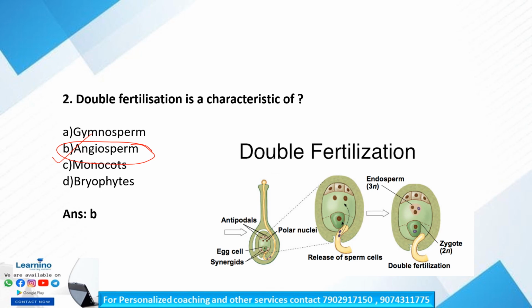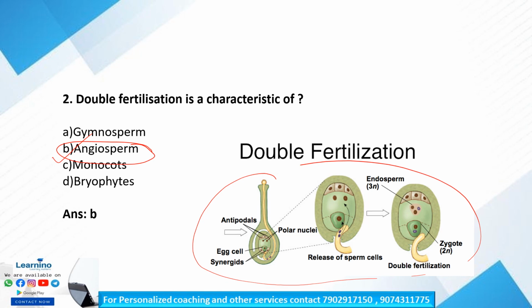Here is the process of double fertilization in angiosperm. Double fertilization is a complex fertilization mechanism of flowering plants or angiosperm. This process involves the joining of a female gametophyte with the two male gametes. Is it clear?